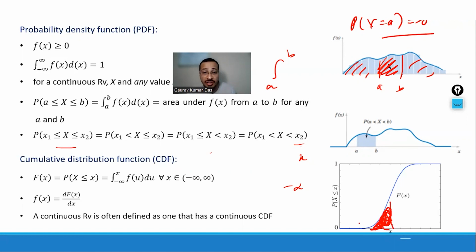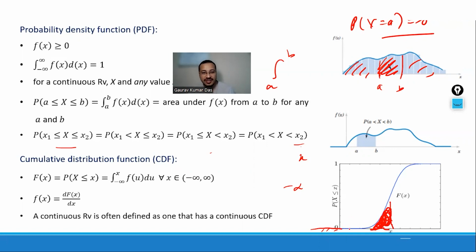If your distribution is such that it does not carry any negative value, then it will become from 0 to X. In this case, we do not seem to have negative values, so we go from 0 to X. The probabilities here are very small, the area is very small. Doesn't matter, but it has to be from the extreme left end to the point at which you want to find the probability.